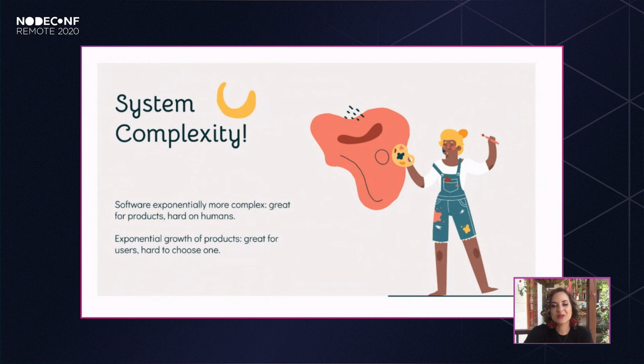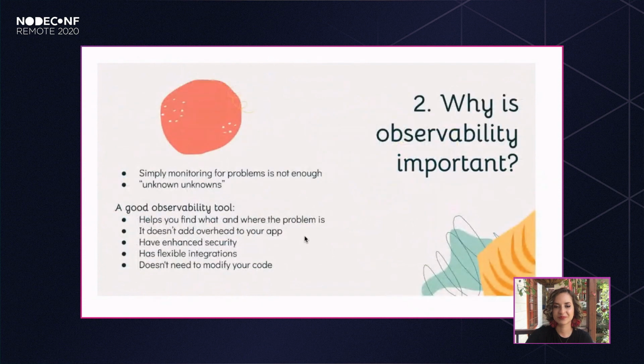And the number of tools is also multiplying. There are countless platforms and tools for empowering people to have better observability and control over the code. Great for users, but it's hard to choose which one is the best one. To successfully deliver and run a product or service under these escalating conditions, you need observability.